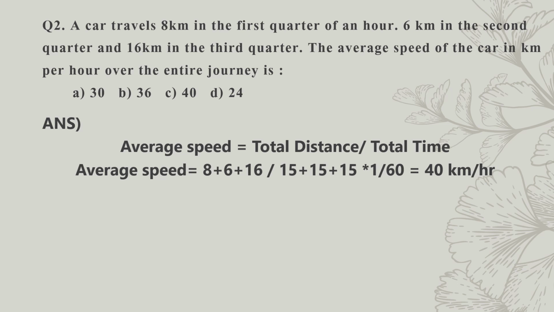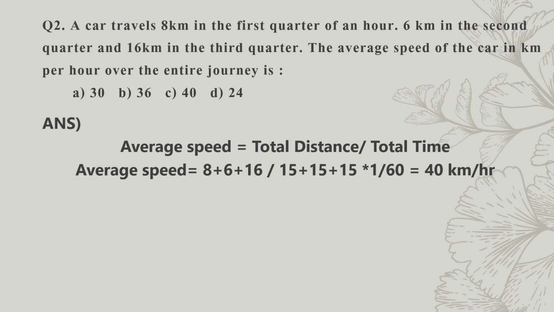So 8 kilometers is taken in 15 minutes, 6 kilometers in 15 minutes, and 16 kilometers in 15 minutes. We are multiplying by 1 by 60 because these 15s are in minutes. We need to convert into hours because the answer is in kilometer per hour.